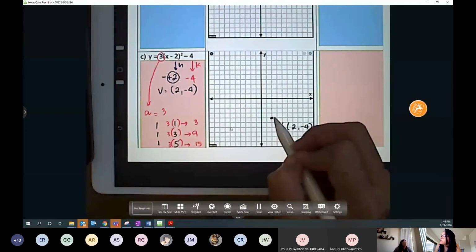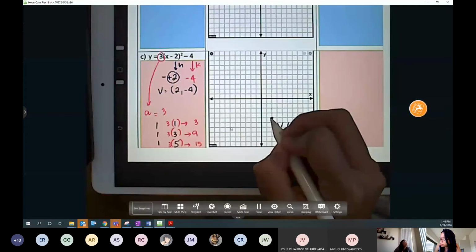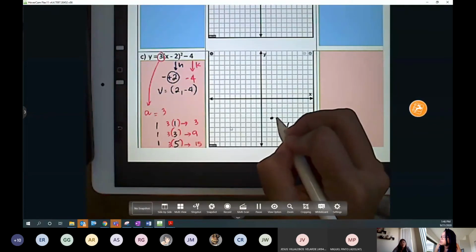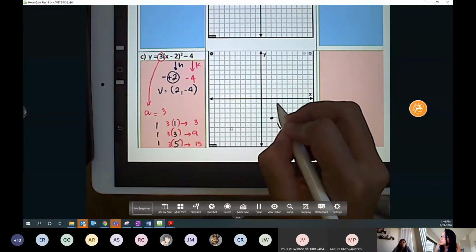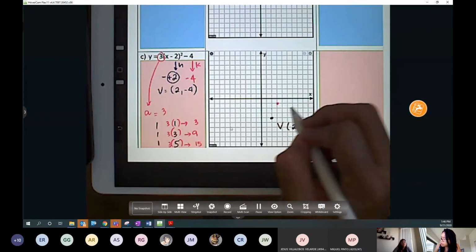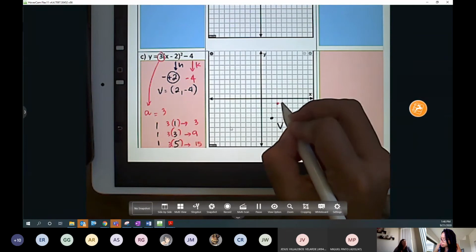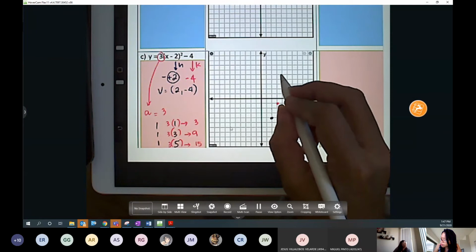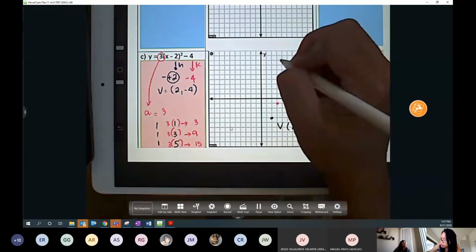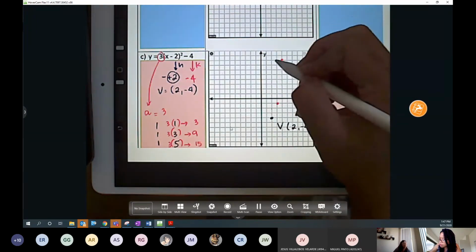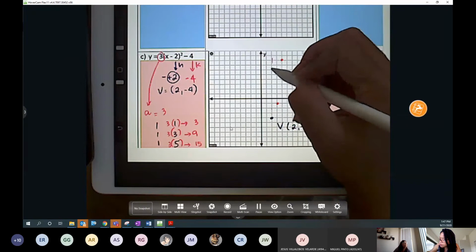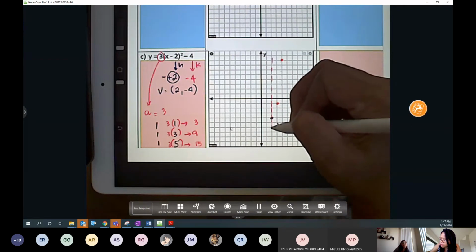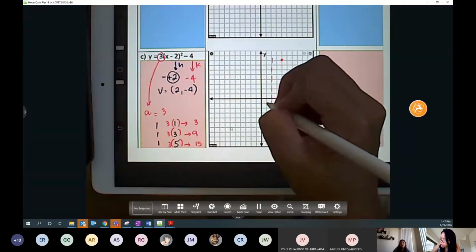Okay, so our movement is triple. We're jumping thrice. So from here, go to the one side and 3 up. So 1, 2, 3. And then go to the one side and 9. So 1, 2, 3, 4, 5, 6, 7, 8, 9. There's our next one. And that's our axis of symmetry.